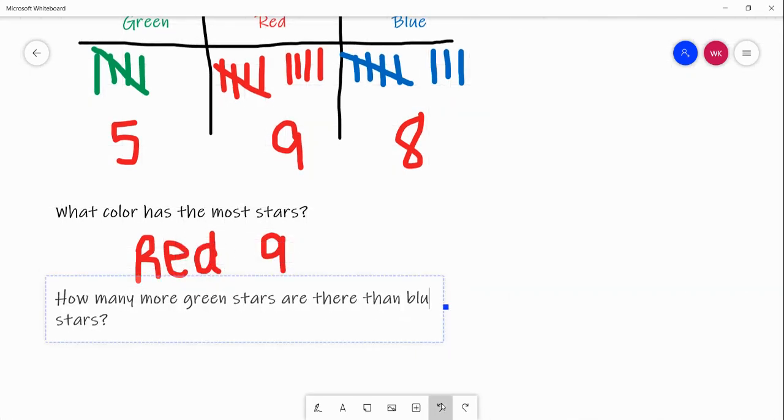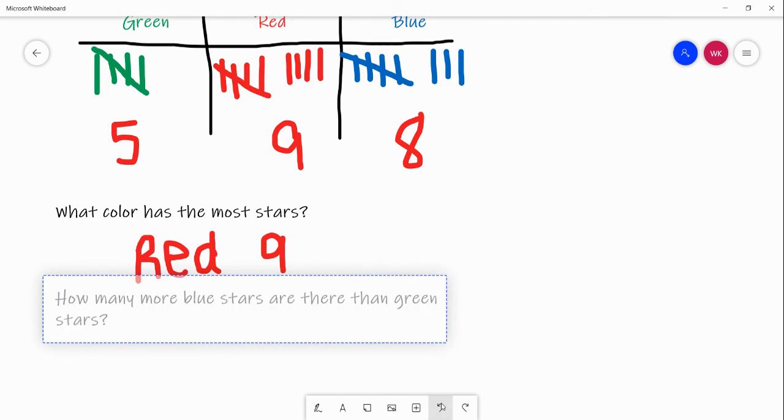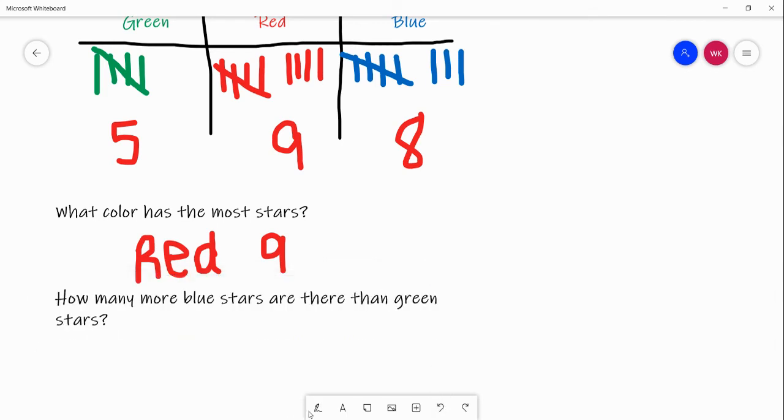I don't know why I just changed that. Give me 1 second. How many more blue stars are there than green stars? So blue has 8, right? So I'm going to put blue has 8, and then green has 5. So how many more tally marks are there in the blue tally chart than the green tally chart?